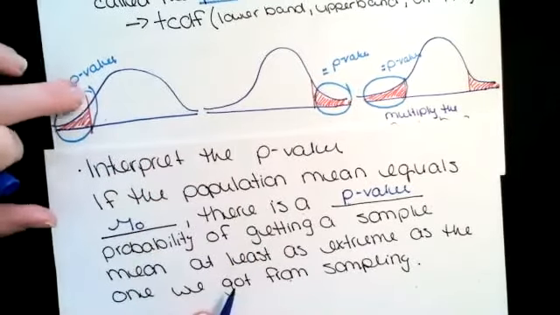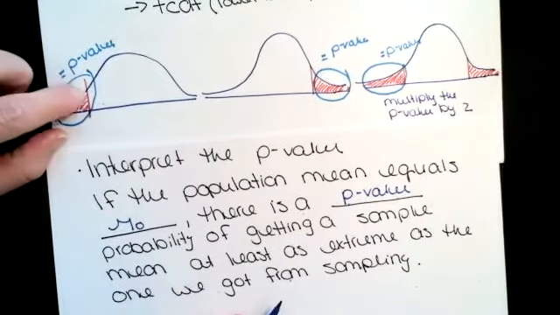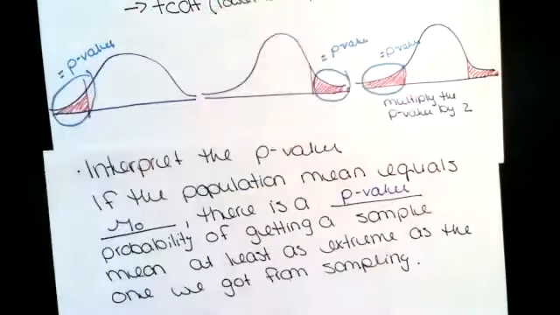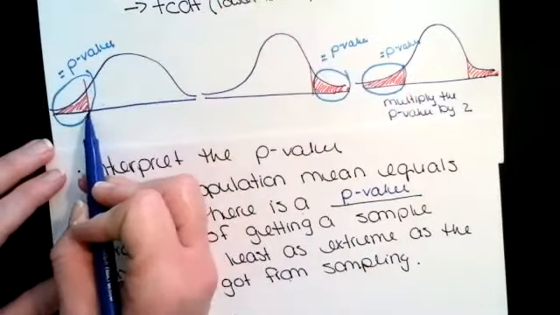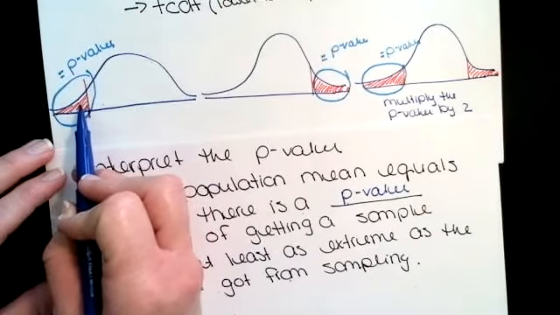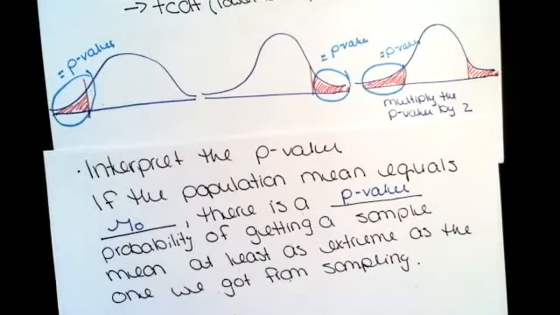This red line is the original, the one we got. This would be my X bar. So it's just saying that this is the probability of getting a second sample mean that far away from the center. That's the p-value that we're calculating.